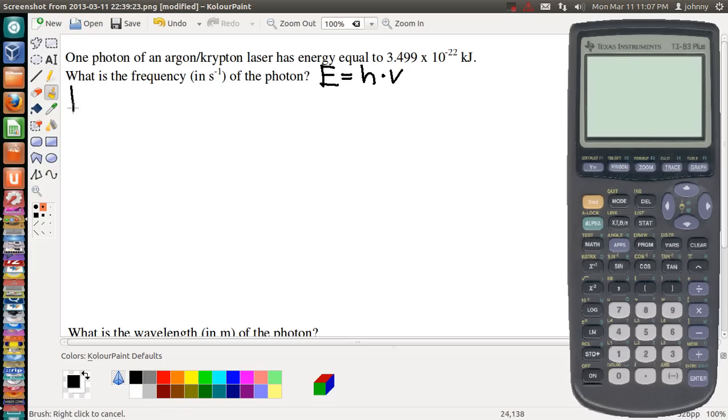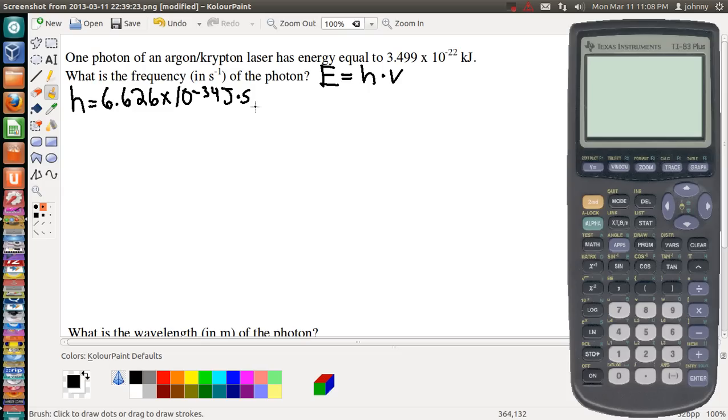Here it is. h equals 6.626 times 10 to the negative 34 joules times a second. If you don't have this written down somewhere, please write it down and keep it handy, because you're going to need it anytime they mention photons and energies and frequencies. You're going to need it.